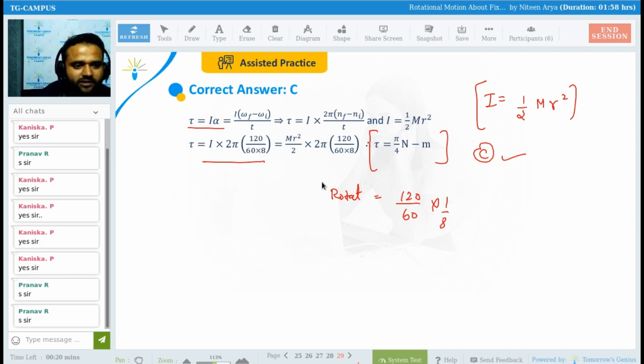Is this clear to you, Kanishka? Or Mukeshwaram or Bhuvana or Anushika also? Clear everyone?